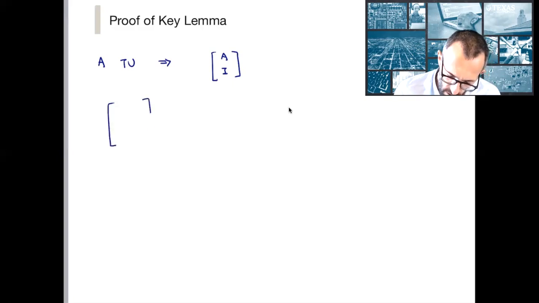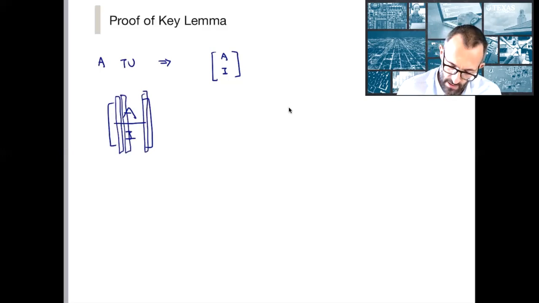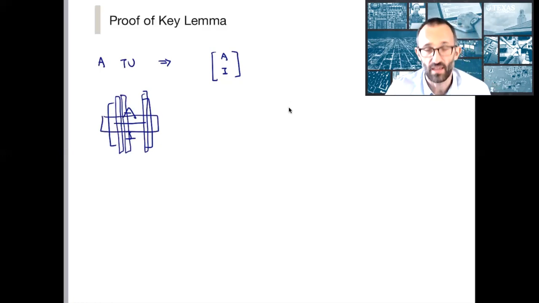So what do we need to do? We need to show that, if this is A and this is I, then any square submatrix, which means I get to select any k rows and any k columns, and then the square matrix would be the intersection, has a determinant that is +1, -1, or 0.